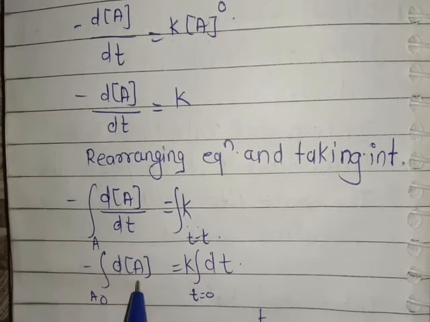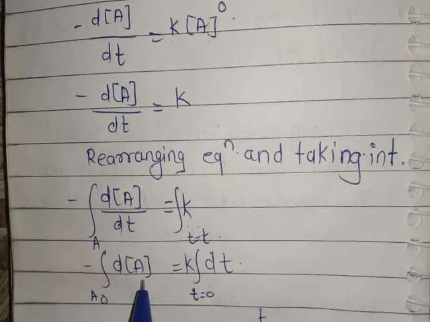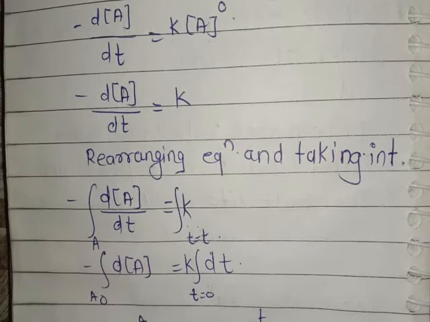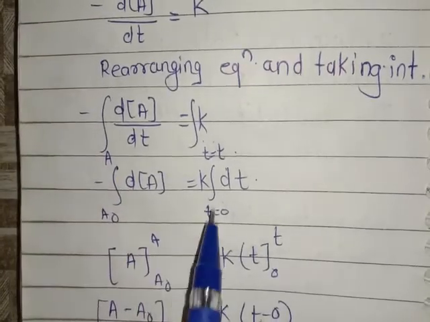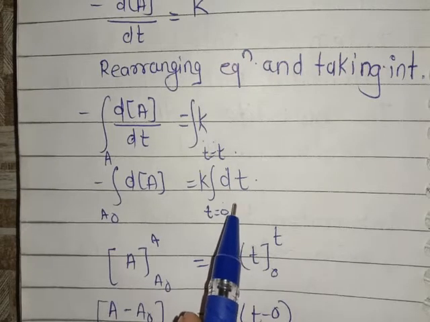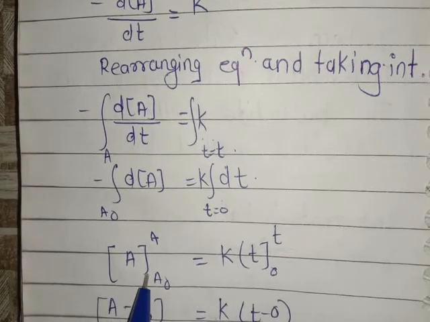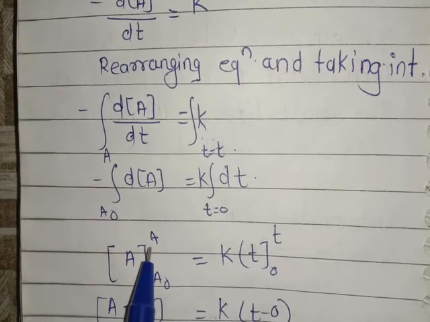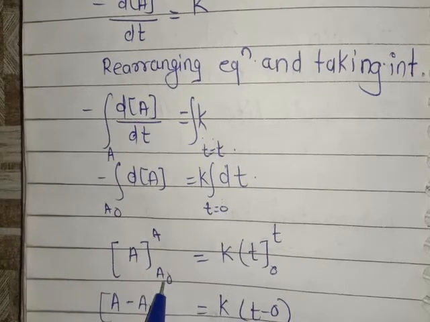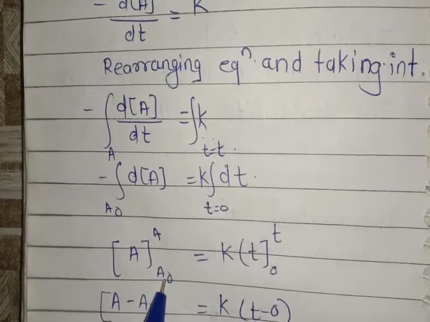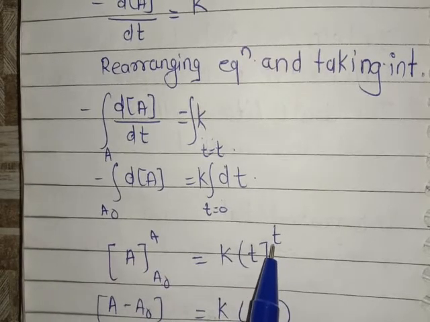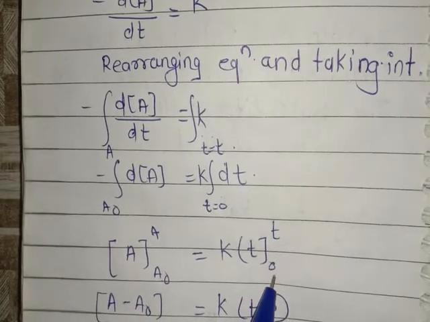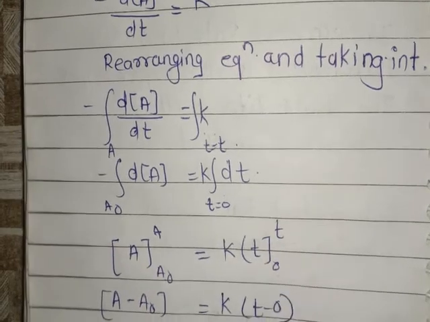The integration of dA is nothing but A, K is the constant term, and the integration of dt is t. So we can put the limits, upper limit as A and lower limit as A0, while for time the upper limit is t and the lower limit is 0.